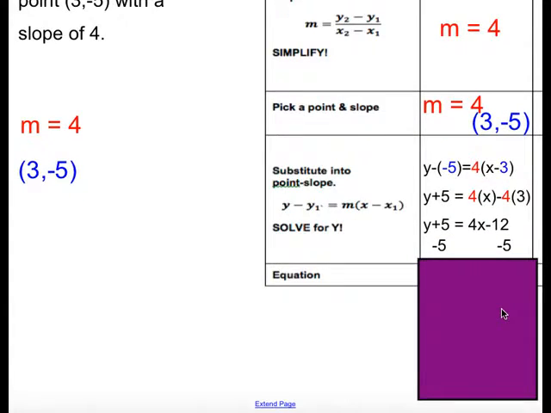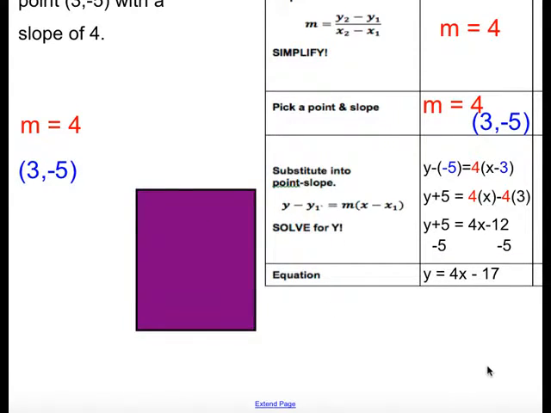So I'm going to subtract 5 from both sides, making sure I've only subtracted it once from the left and once from the right. 5 minus 5 will be eliminated. And then I'll have 4x minus 12 minus 5 more, which is 17. So my final equation is y equals 4x minus 17, with a slope of 4 and a y-intercept of negative 17.